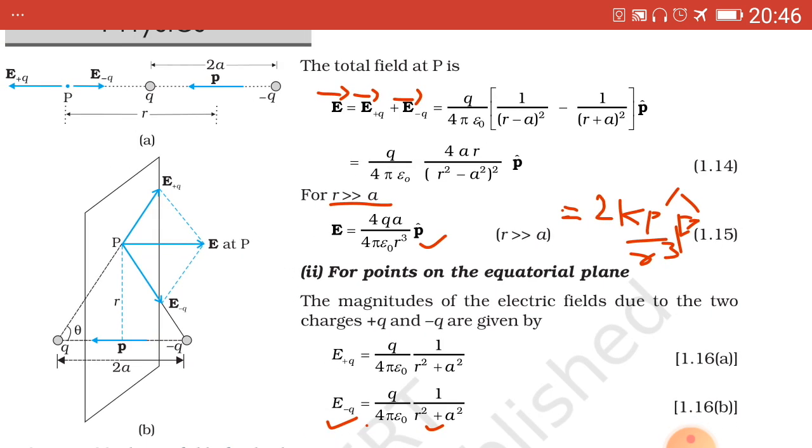The figure A and the summation is done here.